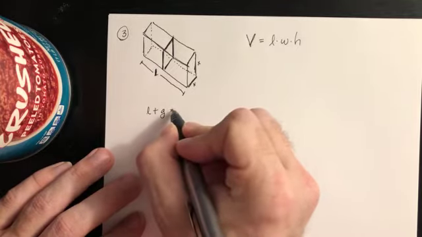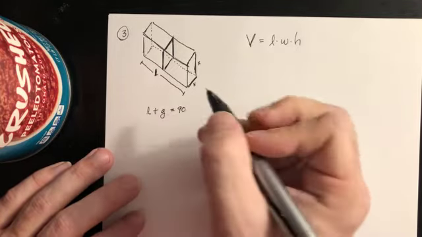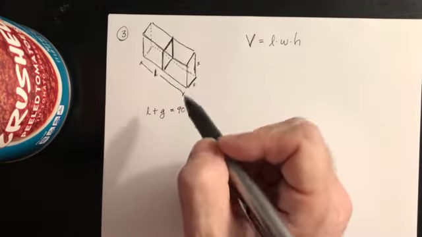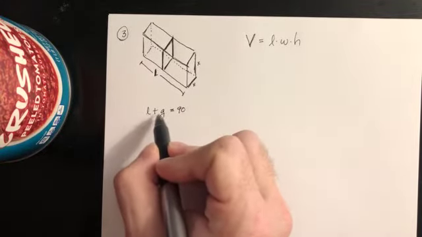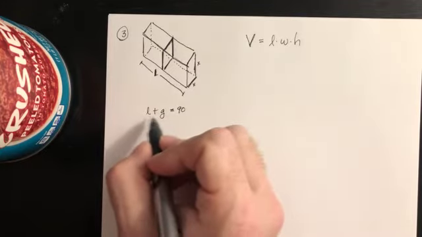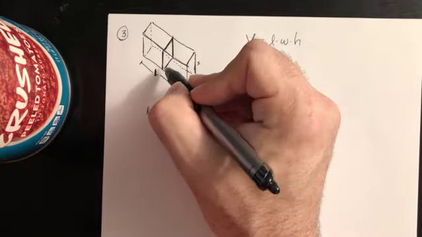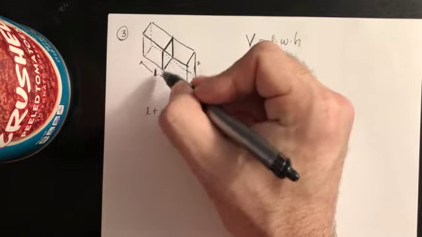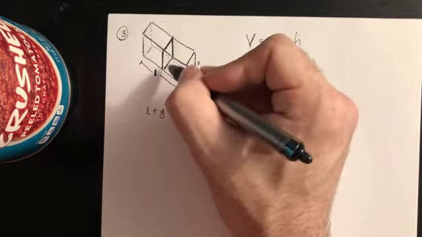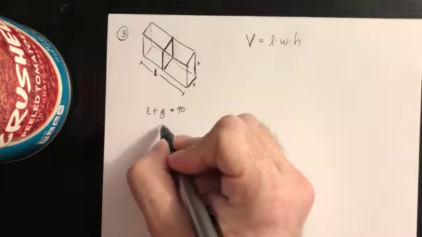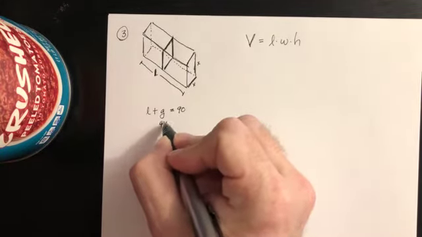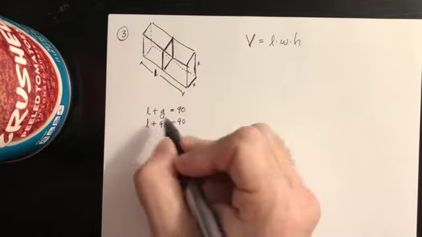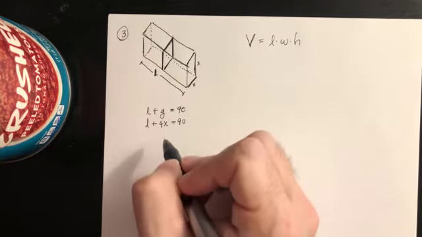So we're trying to maximize it, so let's set it equal to 90, since this has to be the biggest box possible. So the length plus girth is equal to 90. Let's say girth is actually x plus x plus x plus x, the distance around, or 4x. That's just me writing out the other bit of information they gave me.